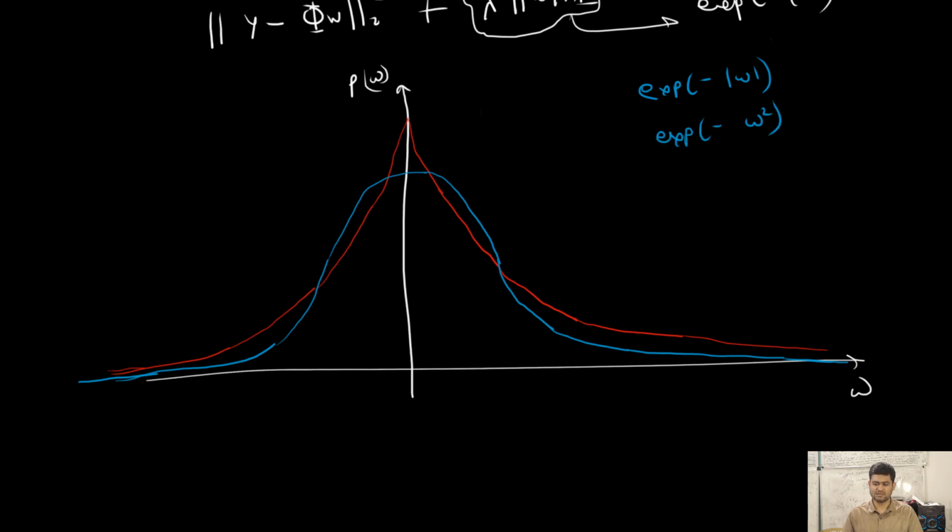So when w is large, let's say w is 100, the Gaussian will be e to the power negative of 10,000, and the Laplacian will be e to the power negative 100, right? So as you can see, the Gaussian distribution will drop very quickly as compared to a Laplacian distribution for the larger values. We know that both of these distributions will try to draw the w close to 0, right?